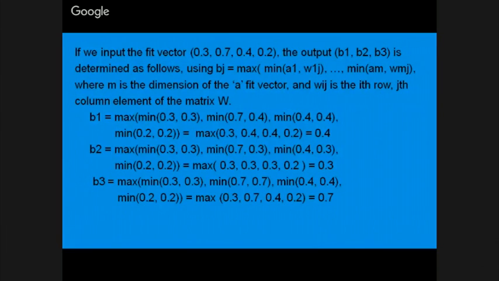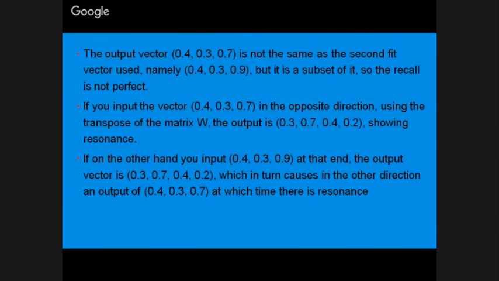Similarly, we can find B2 and B3. They will come out to be 0.3 and 0.7. That means the pattern which is being recalled is 0.4, 0.3, 0.7 and not 0.4, 0.3, 0.9. But it is very close to the pattern which we want.